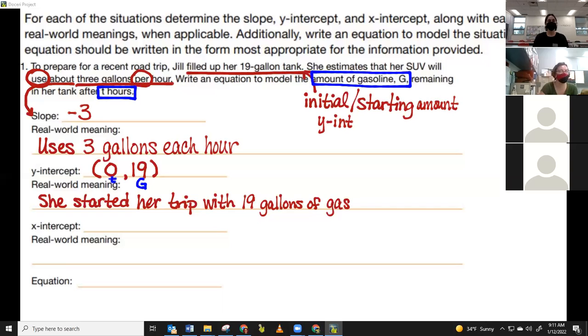That one has to be T. So that gave me some information right there. T is like X in my ordered pair, and so this is my independent variable. And G, because that came second in that ordered pair, that's like Y. That's my dependent variable.